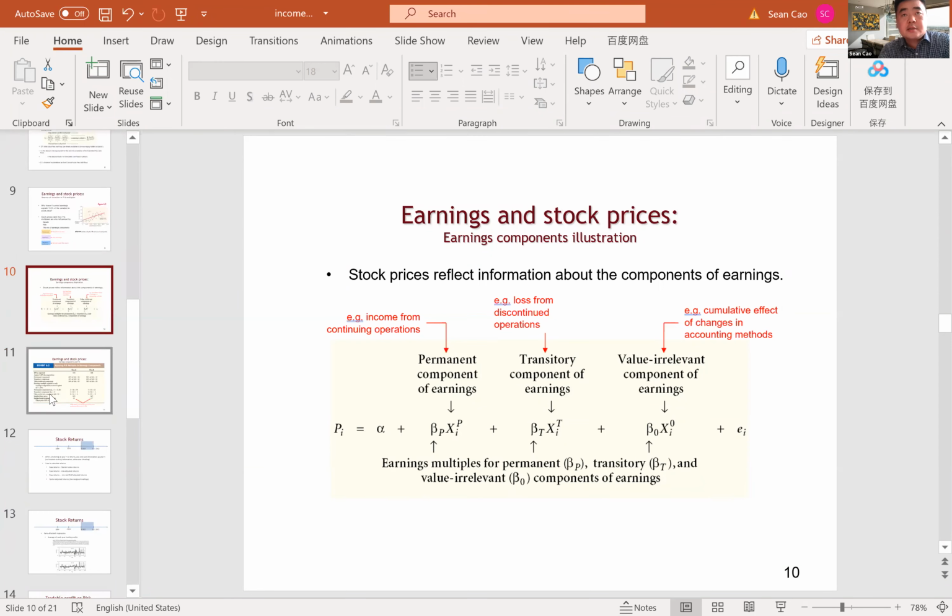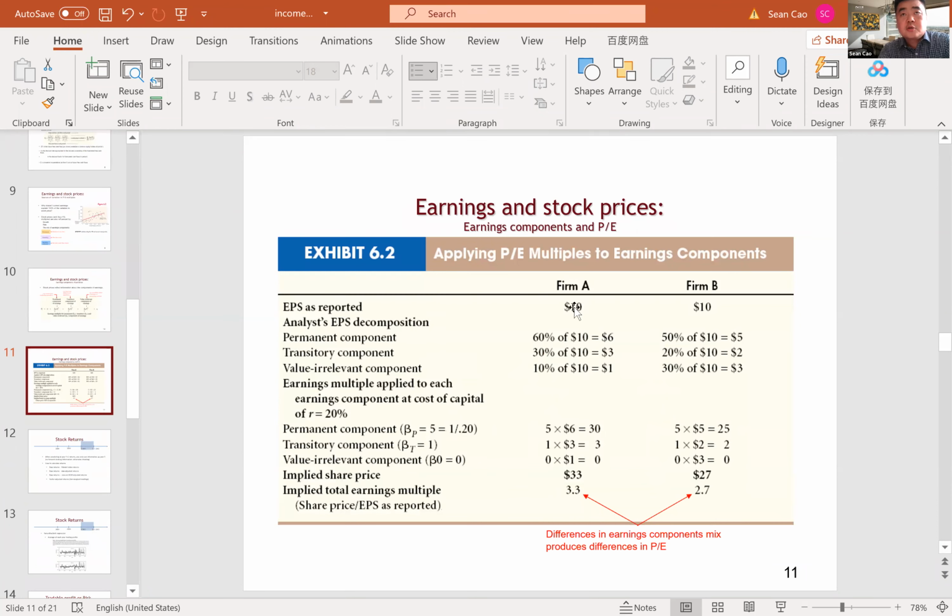And then let's look at one example here. We have firm A and firm B. Both are making $10. In firm A, the primary business is 60%, and in firm B the primary business is only 50%. The side business is 30% for A and 20% for B. So both companies make the same money, $10 earnings per share. But for company A, more of the $10 is from the primary business, versus company B, only 50%.